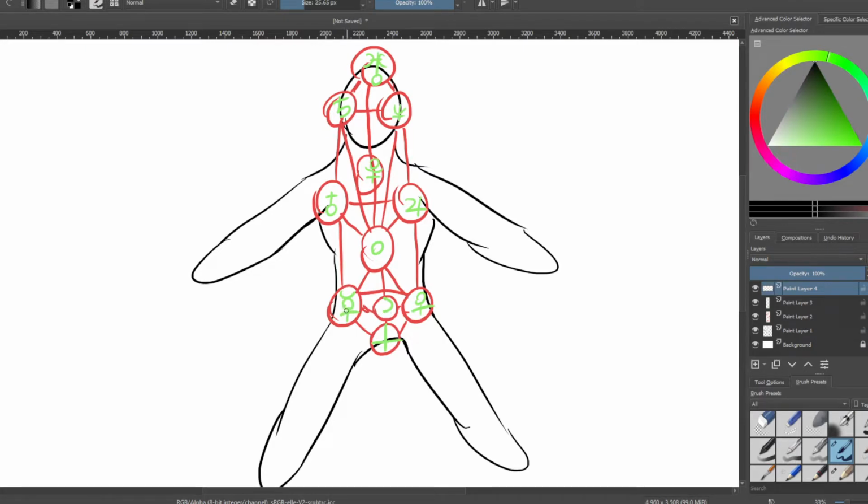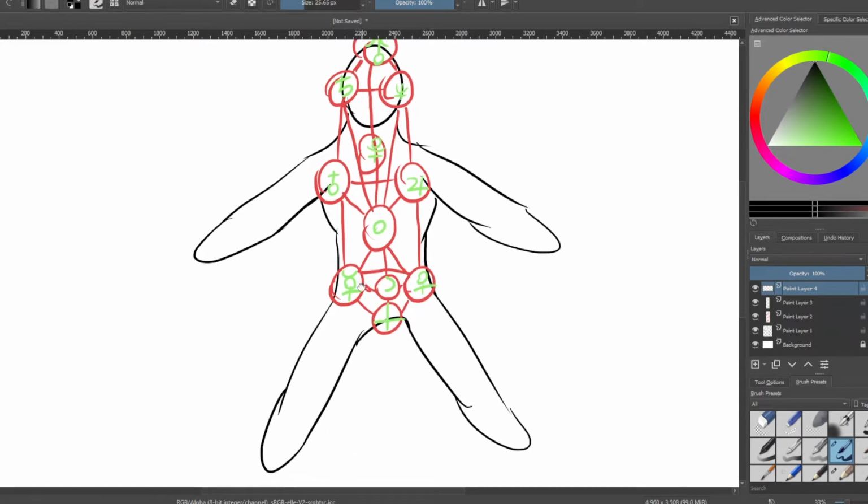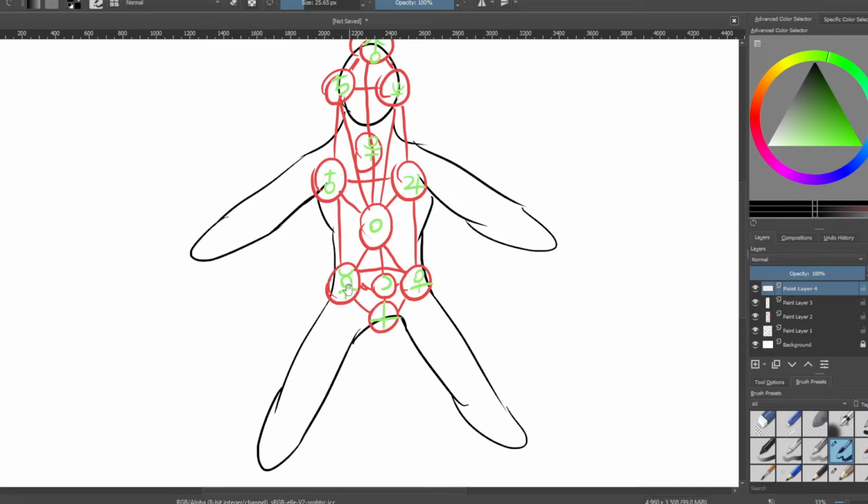Now Hod here and Netzach is related to the kind of the lower flank area, I guess, the lower oblique, and also the hip to an extent, and the sides of the pelvis.